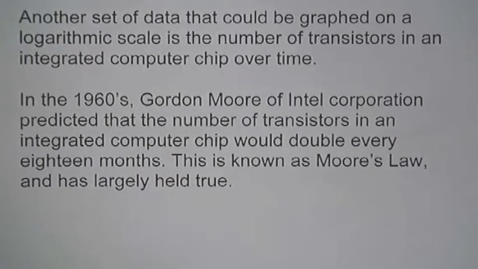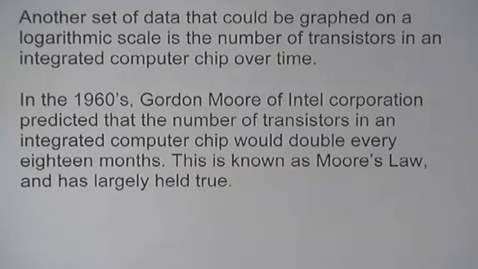Another set of data that could be graphed on a logarithmic scale is the number of transistors in an integrated computer chip over time. In the 1960s, Gordon Moore of the Intel Corporation predicted that the number of transistors in an integrated computer chip would double every 18 months. This is known as Moore's Law and has largely held true.